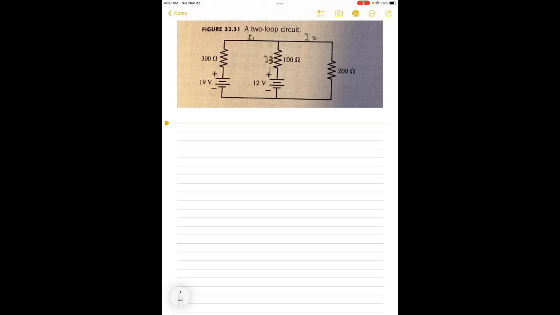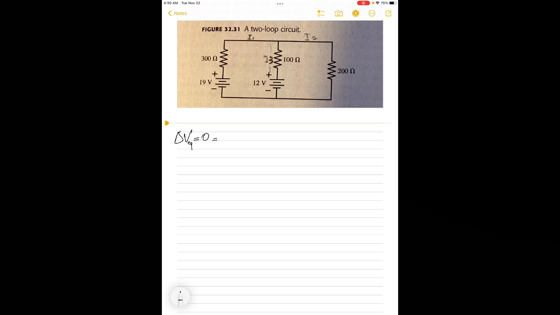Kirchhoff's law says that the differential voltage going in has to equal zero.